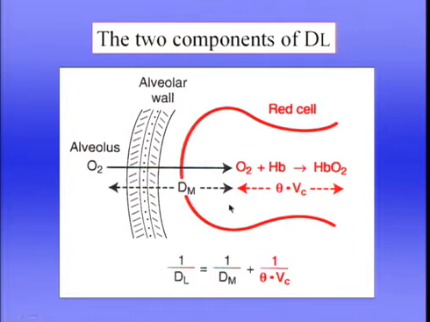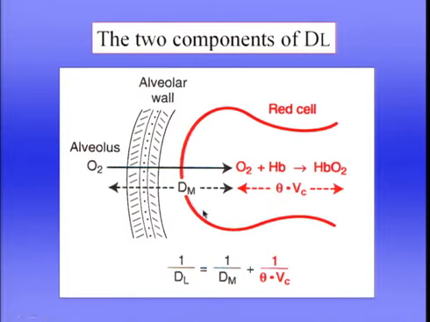If we reduce the partial pressure of oxygen in the alveolar gas, theta for CO is increased because it doesn't have so much competition for the hemoglobin. So we're able actually to change theta, and that allows us, and I won't go into the details, to separately measure the diffusing capacity caused by the physical process of diffusion and the resistance caused by the rate of reaction of either oxygen or carbon monoxide with the blood.